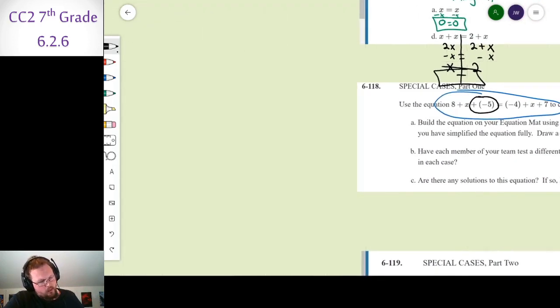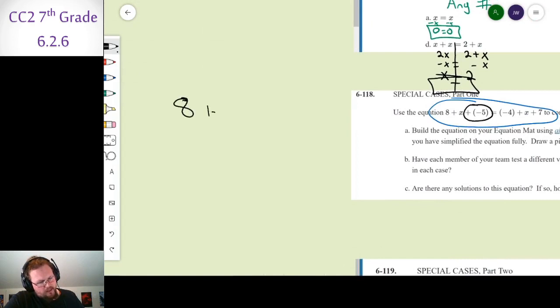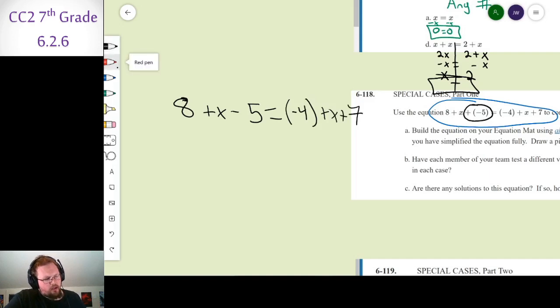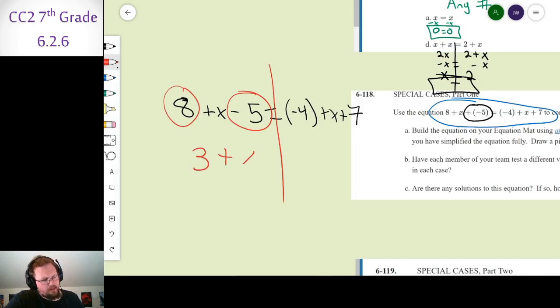So I'm going to rewrite this equation: 8 plus x minus 5 equals negative 4 plus x plus 7. And then you start combining like terms. 8 and negative 5 give me 3 plus x equals, I'm going to combine the negative 4 and the 7 and get 3 plus x again.